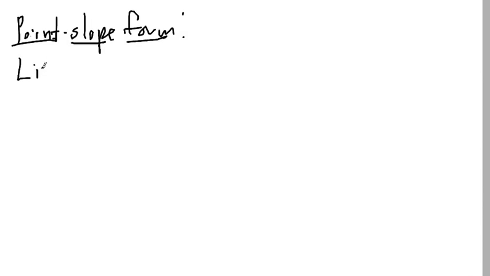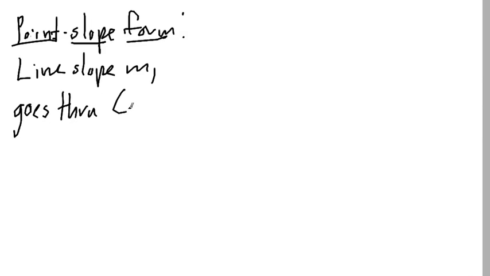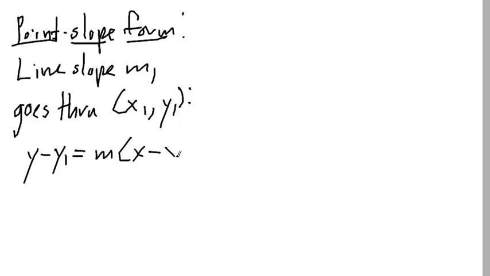Well, if we have a line that has slope m, and if it goes through the point, let's say x1, y1, then it has the equation y minus y1 is equal to m times x minus x1.